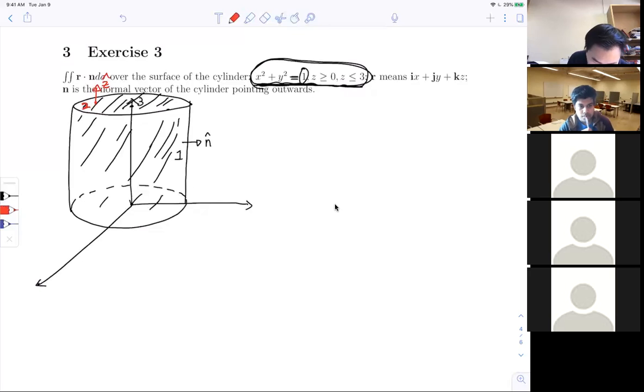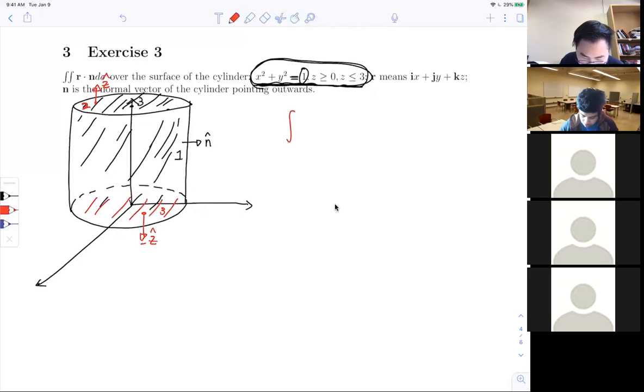And the bottom disk is surface 3, with the normal direction pointing downwards, so it's minus z hat. Okay, once we have this, we can start the calculation.